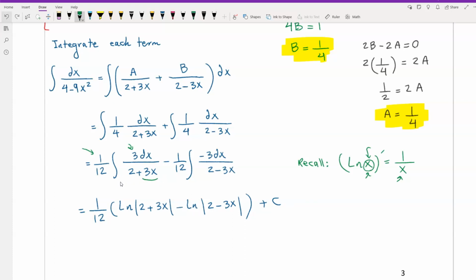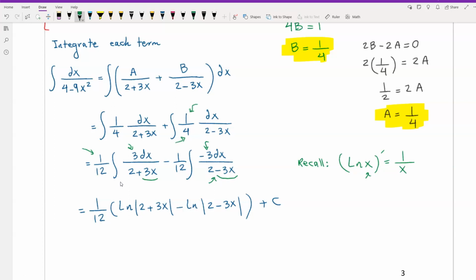And I did the same thing for what I have here. Here I have 2 minus 3x. The derivative of negative 3x is negative 3, so that is here on top. So to have that, I multiply numerator and denominator by negative 3. So negative 3 times 1 on top, and negative 3 times 4 in the denominator.